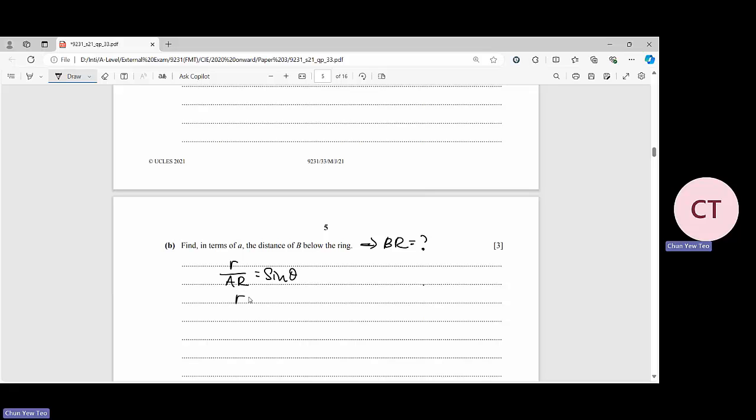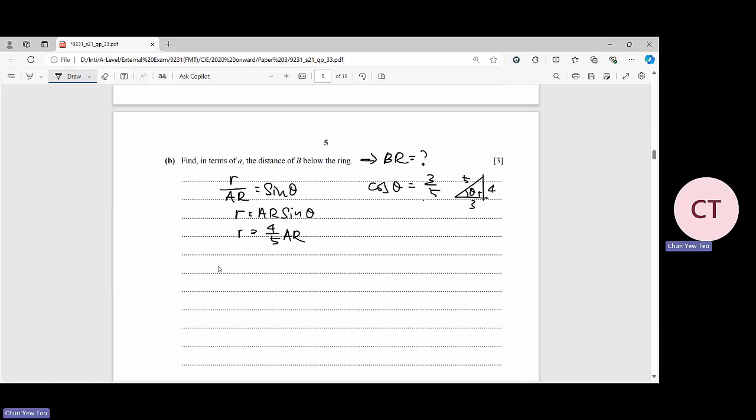Then R is equal to AR sin theta. But from part A, we know that cos theta is 3 over 5. Based on this, we can build a small right angle triangle. Then we know that sin theta is 4 over 5. So R is equal to 4 over 5 AR.